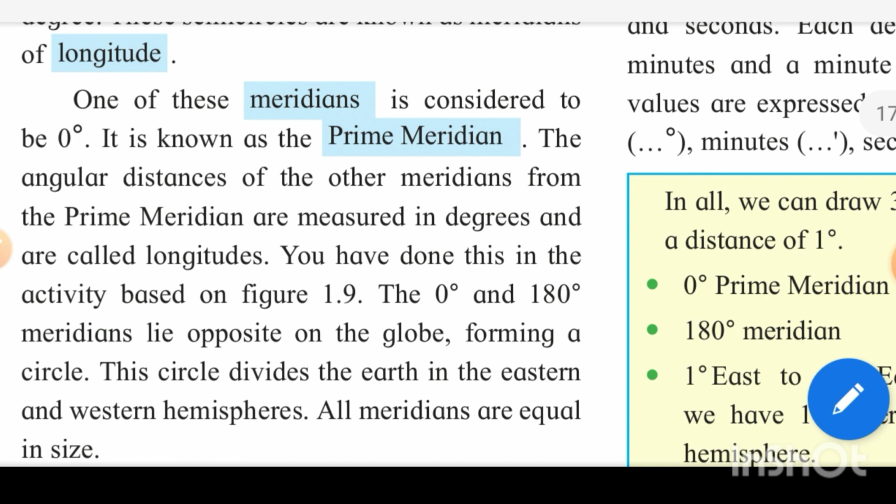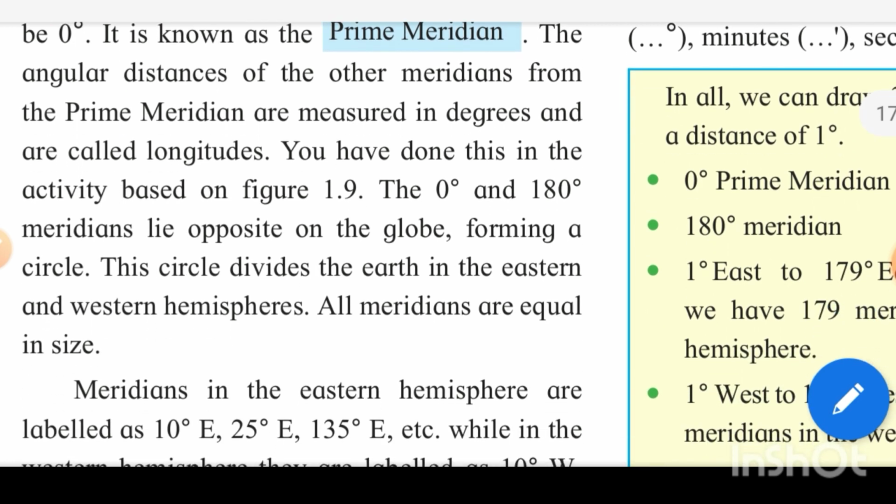You have done this in the activity based on figure 1.9. The 0 degree and 180 degree meridians lie opposite on the globe, forming a circle. This circle divides the earth into eastern and western hemispheres. All meridians are equal in size.